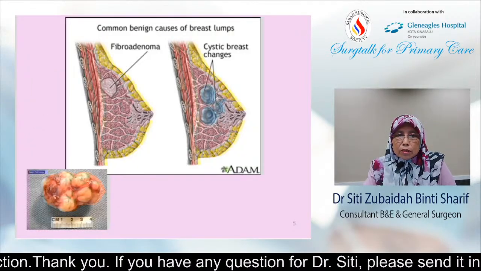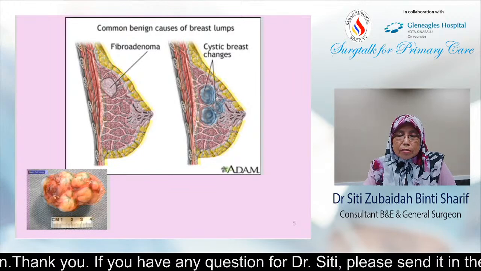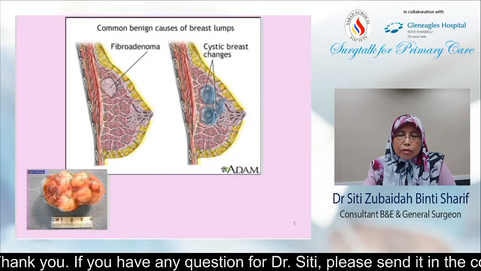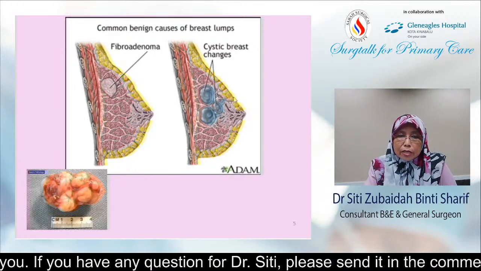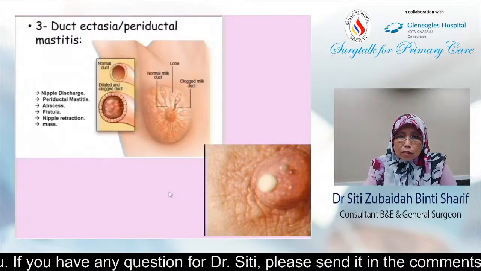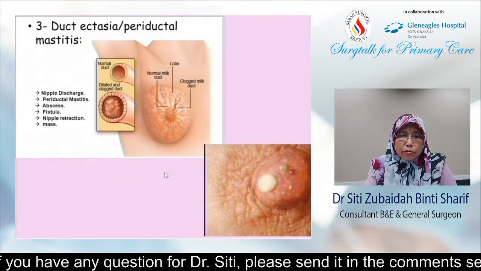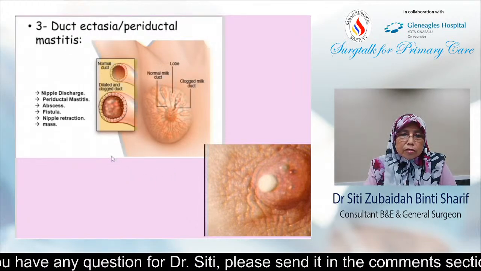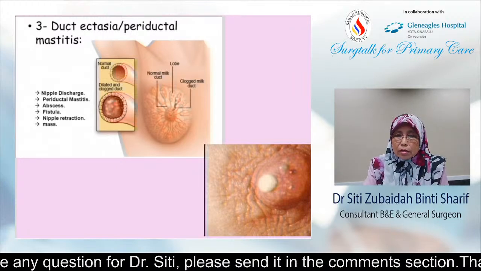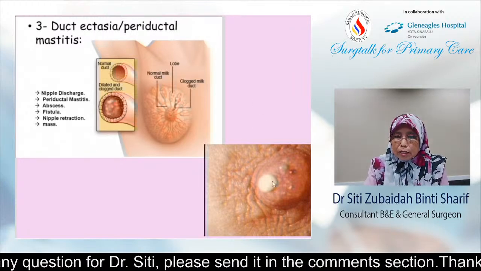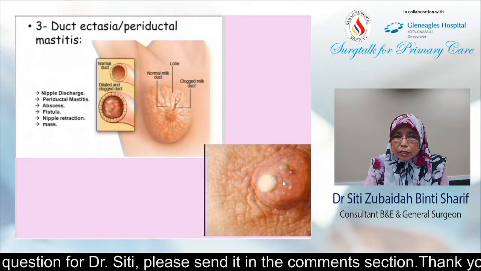The common benign causes are fibroadenoma, as you've seen here, and cystic breast changes. Duct ectasia usually presents with nipple discharge, abscess, fistula, nipple retraction, and a mass. In duct ectasia, normally the nipple discharge will be from multiple ducts.